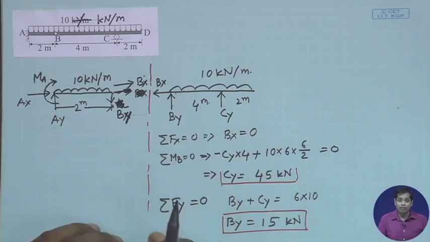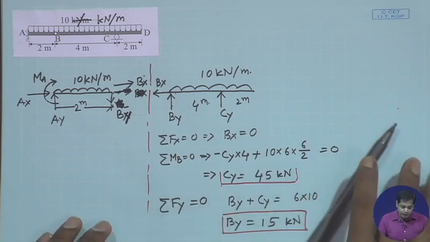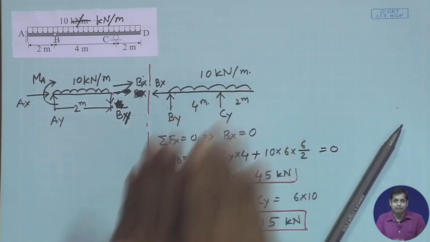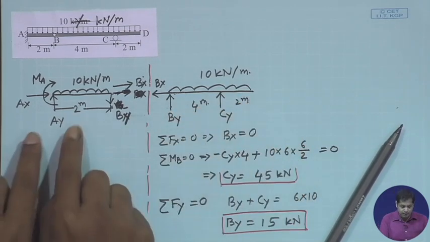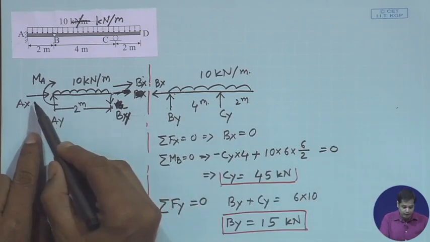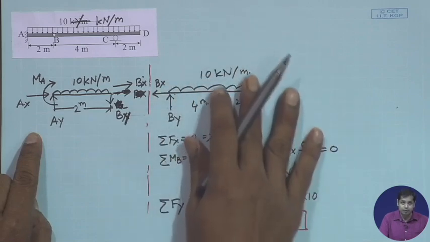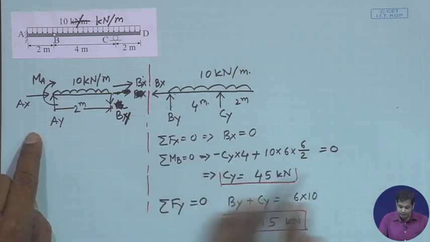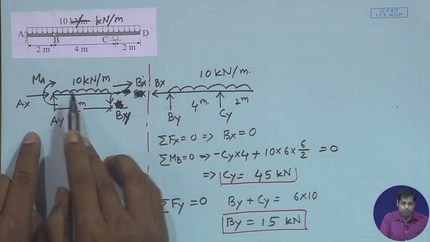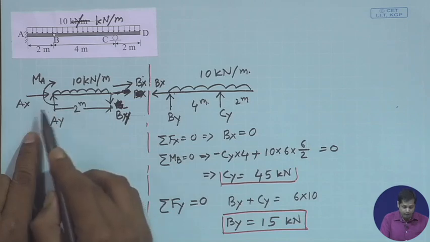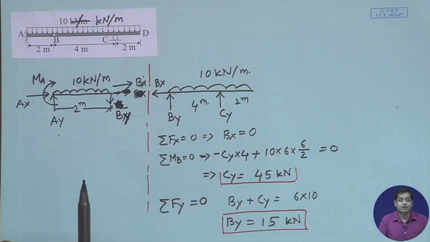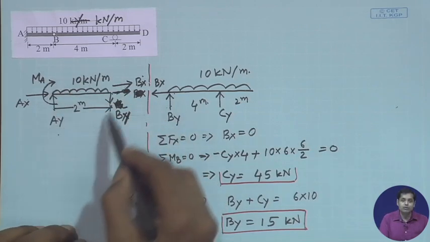Now here one point to be noted: if you start from this free body diagram and do not calculate the support reactions first, your number of unknowns are Ax, Ay, Bx and By. So 4 unknowns, and number of equations you can have at most 3. So you cannot solve it.